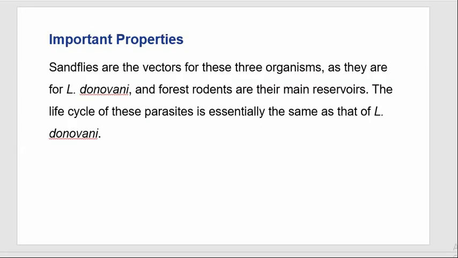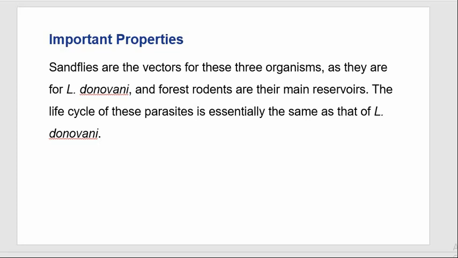The important features of these species of parasite is that the sandflies are the vector for these three organisms as they are for Leishmania donovani. يعني عندنا نفس الناقل لكن طبعا الساندفلاي أيضا عدة أنواع وهذا الأنواع تكون نوع من السبيسيفيتي العلاقة بيناتهم بين النوع الساندفلاي والنوع الليشمانيا.